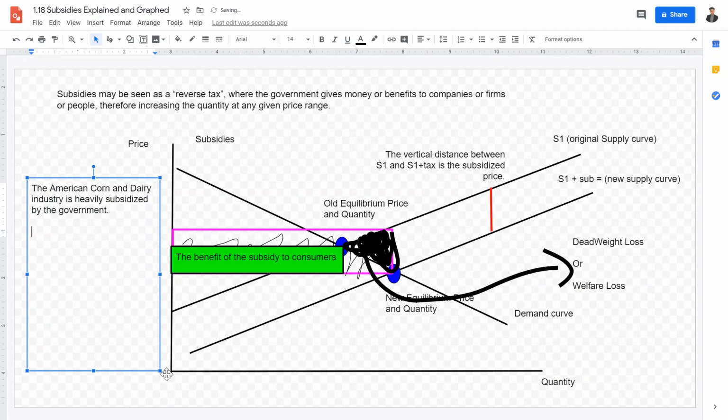This means the government hands out a lot of money or aid for corn and dairy farmers to decrease the price and encourage growing corn. That is a perfect example of government subsidies and government intervention within the production of a good.